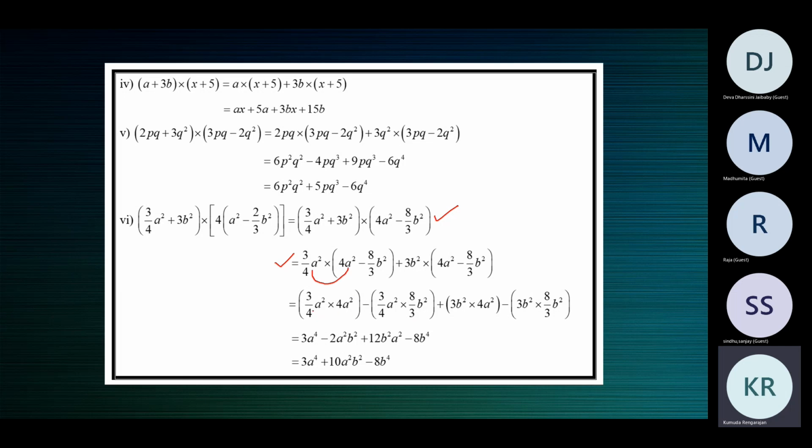Then you will multiply 3 by 4 a square and 8 by 3 b square. So see that here. Minus, because plus into minus is minus. And then you will multiply these two terms. I've written them in a bracket. Then you will multiply these two. You can see them in a bracket here.